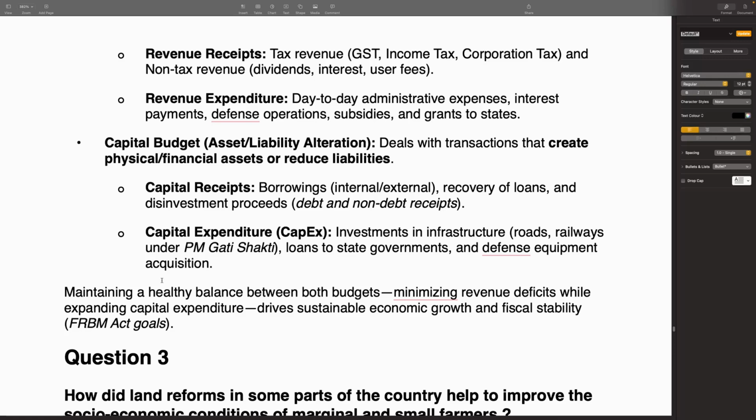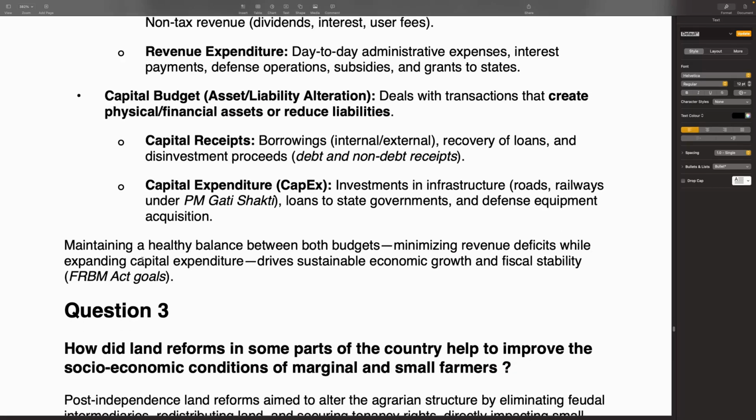Capital receipts: borrowings, internal and external, recovery of loans and disinvestment proceeds, debt and non-debt receipts. Capital expenditure, capex: investments in infrastructure, roads, railways under PM Gati Shakti, loans to state governments and defense equipment acquisition. Maintaining a healthy balance between both budgets, minimizing revenue deficits while expanding capital expenditure, drives sustainable economic growth and fiscal stability, FRBM Act goals.